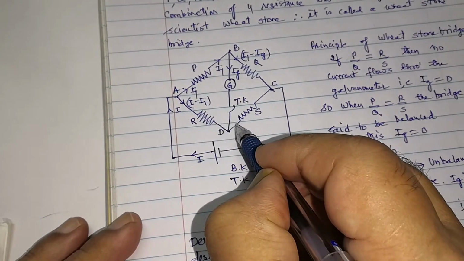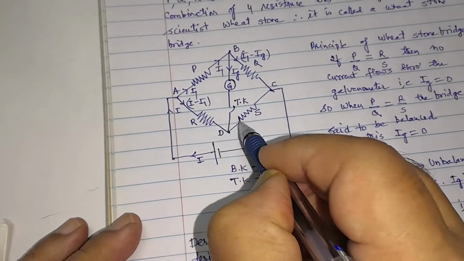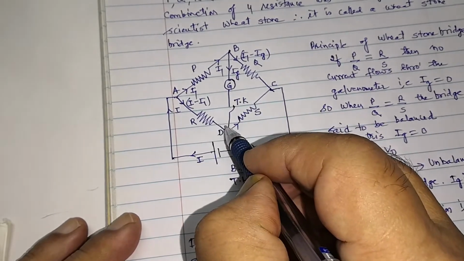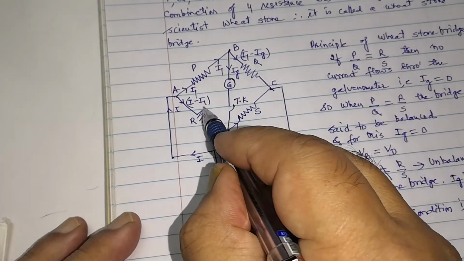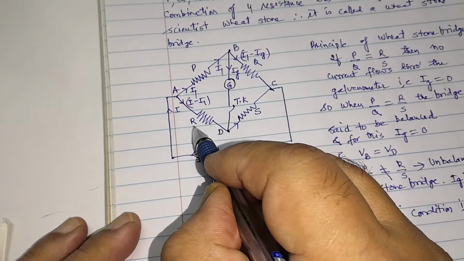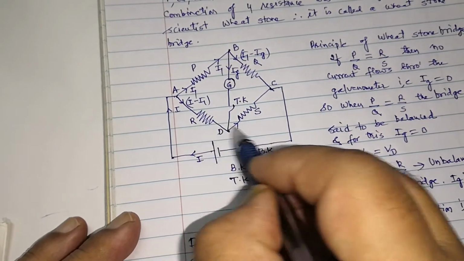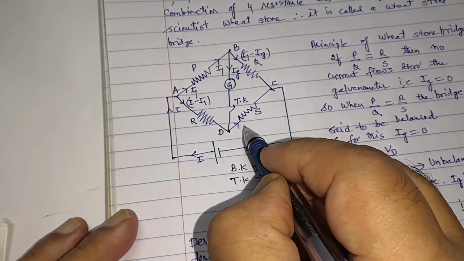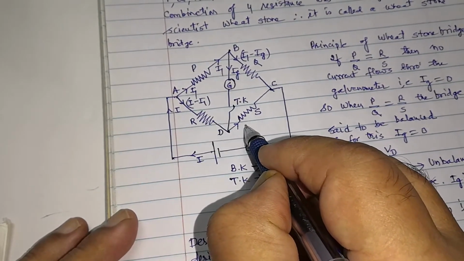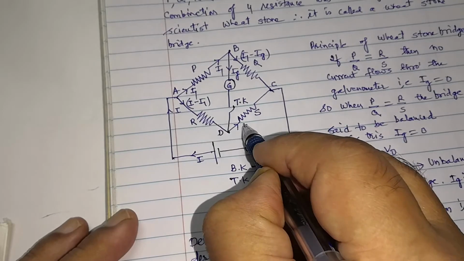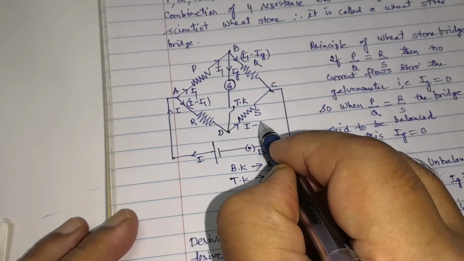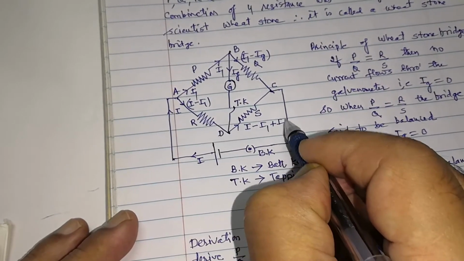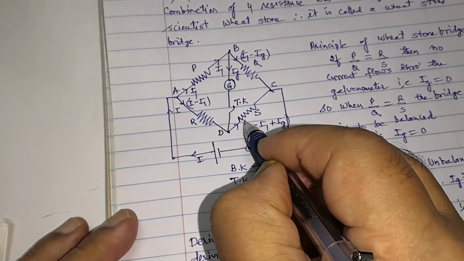Now here at the point D, the current Ig which is coming from the galvanometer and the current I minus I1 which is coming from the resistance R get combined as per Kirchhoff's first law, current law, and here we find that the total current will be I minus I1 plus Ig.